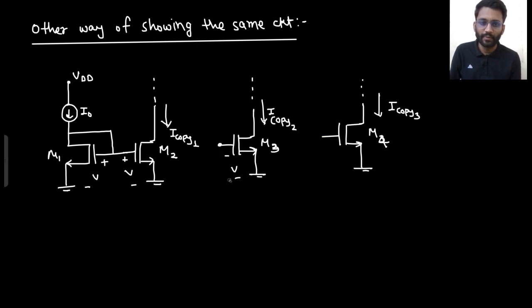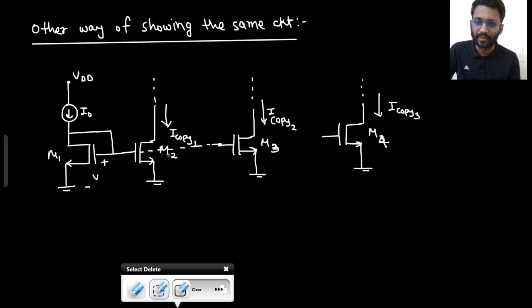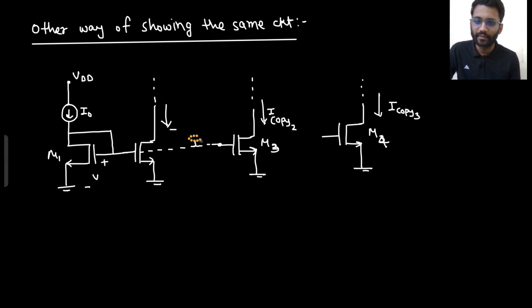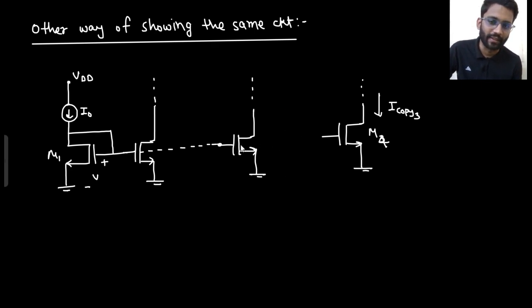Instead, what they will do, they will make a line like this. Okay. Let's make a clearer structure. They will make a line like this. Here also they will make a line like this.